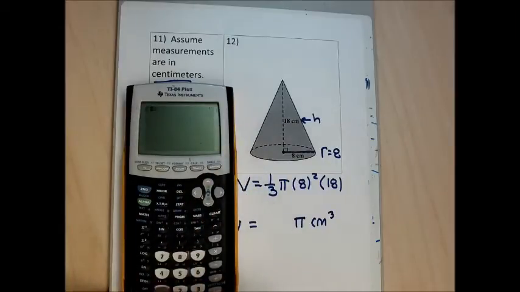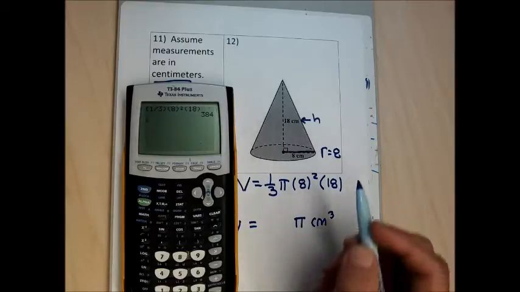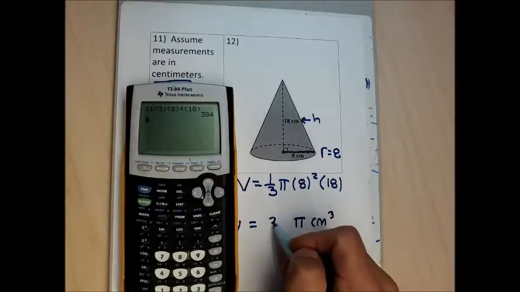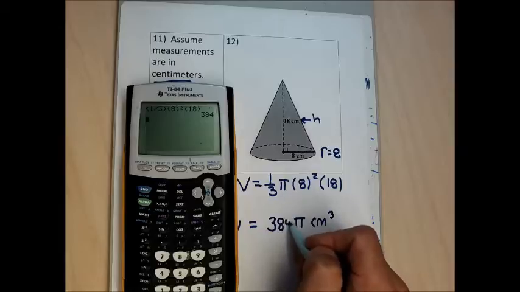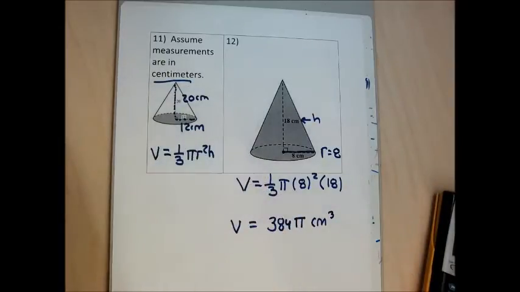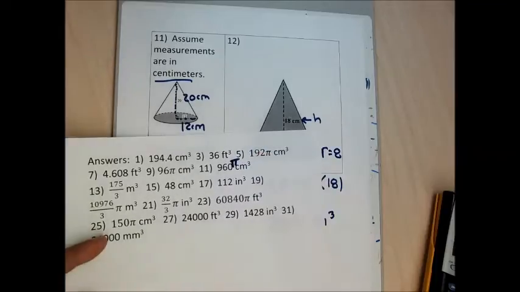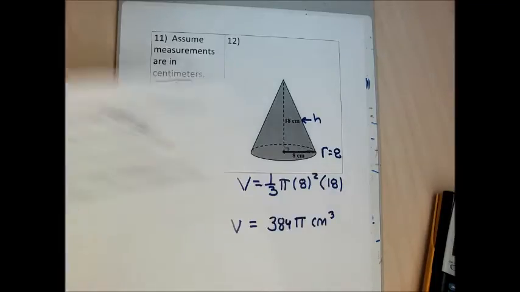So this number is going to be found by taking 1/3 times 8 squared times 18. It doesn't say in the instructions to round to 2 decimals. I guess I don't need to. How lovely. I thought I was going to get an ugly decimal, but I wasn't thinking clearly. You're definitely not going to get a decimal for number 11. In number 11, the answer is supposed to be 960 pi cubic centimeters.